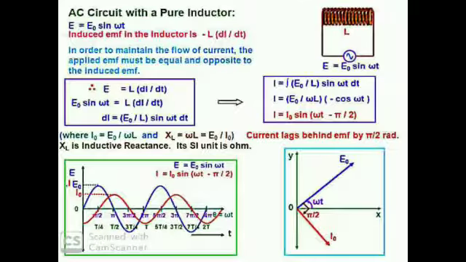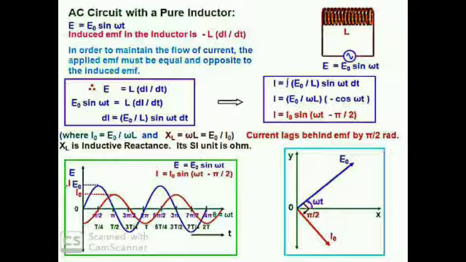Now consider a circuit of pure inductor with applied EMF E equal to E naught sin omega t. When alternating EMF is applied to send alternating current through an inductance of negligible resistance, since it is varying in strength and direction, a back EMF at every instant is produced due to self-inductance, which opposes the rise and fall of current.